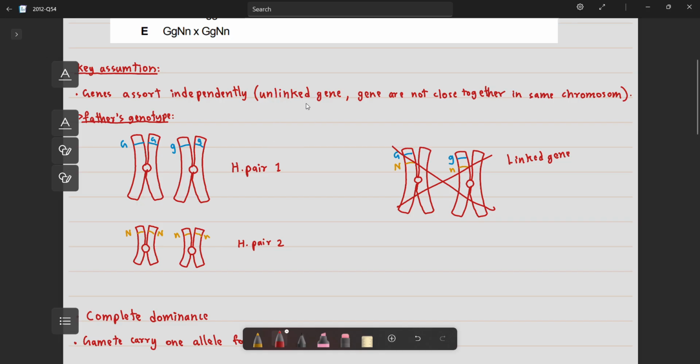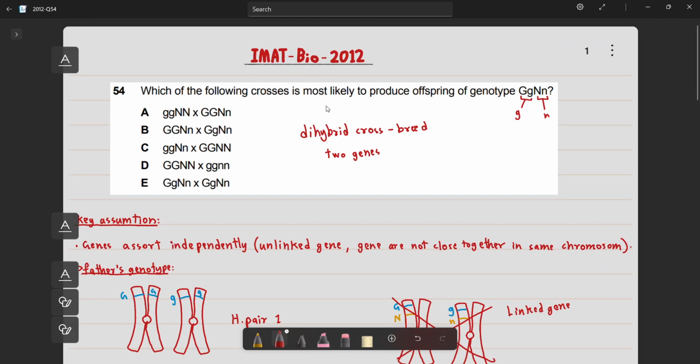Although the question does not specify whether the genes are linked or not, in most questions about genes and crossbreeding, unless they specify a linked gene where the chromosome carries two genes, you must always assume unlinked genes.